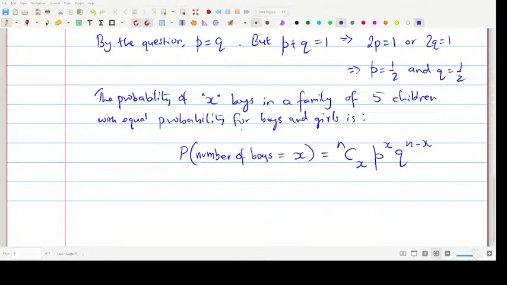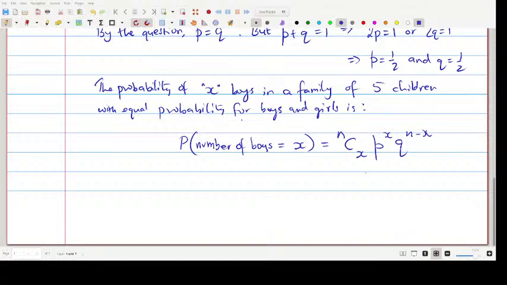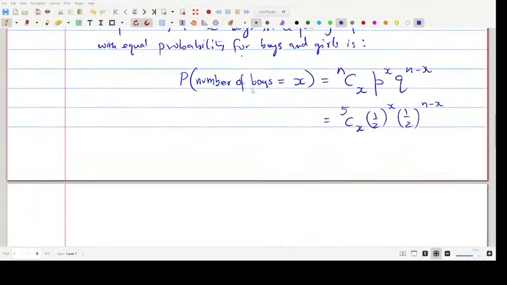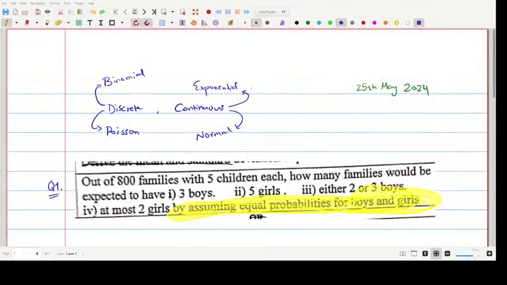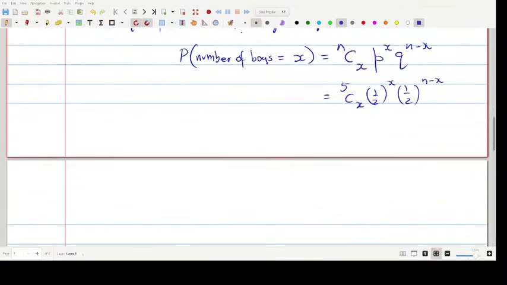So in our case, the values of n and p are available to us, right? What is the value of n? n is 5. So it will be 5Cx, then half to the power x, then half to the power n minus x, right? Now, my bad, it's not n minus x, it is 5 minus x, right?